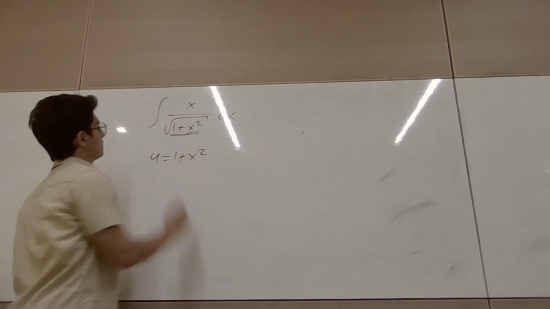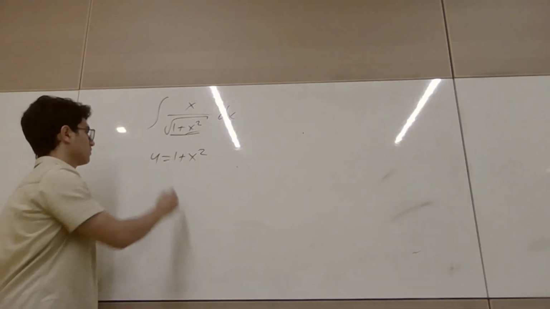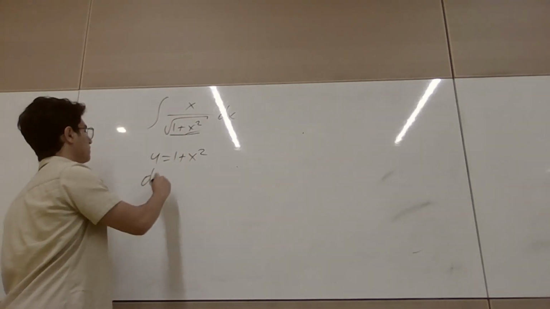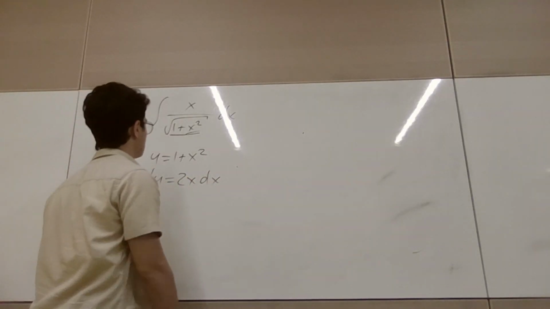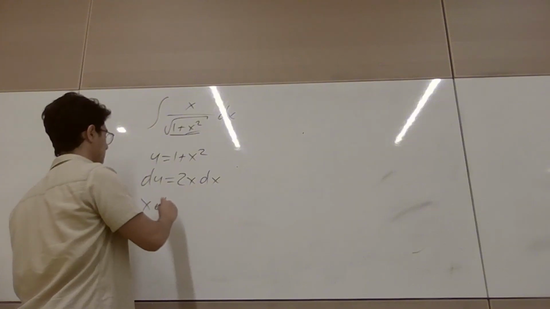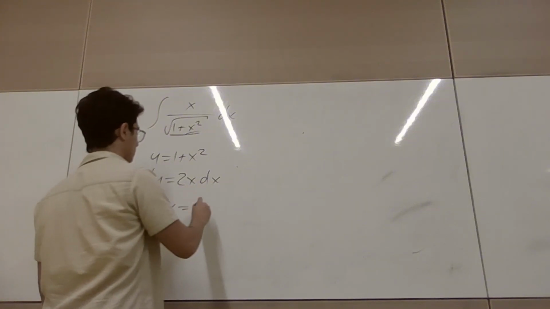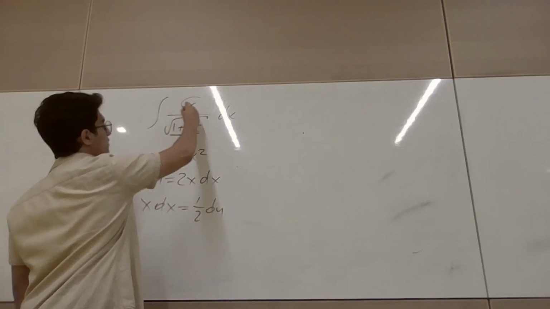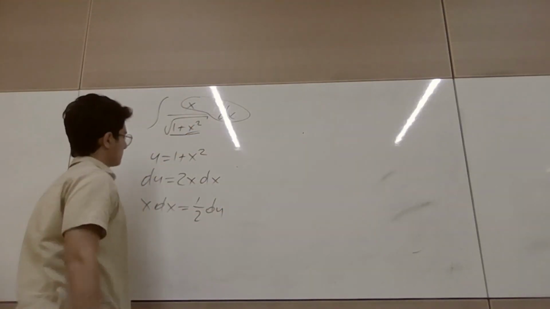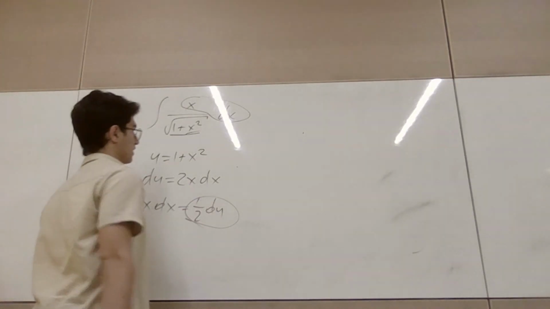You know that the derivative of 1 is 0. So du is 2x dx. Then x dx is equal to 1/2 du. So take x dx and write this one.